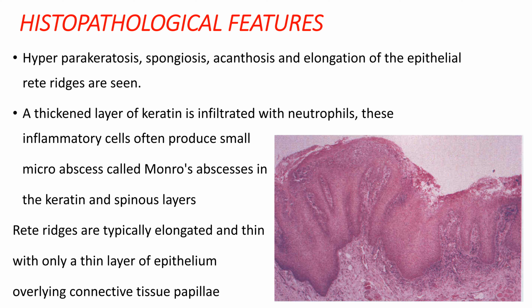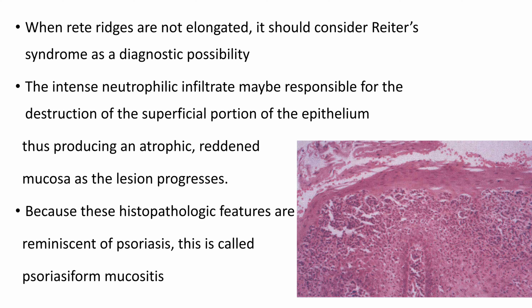Rete ridges are typically elongated and thin, with only a thin layer of epithelium overlying the connective tissue papillae. These are the rete ridges which are elongated, and there is an abnormal thickening of the spinous layer, that is acanthosis, and an increase in the parakeratin layer in the surface epithelium, that is hyperparakeratosis. In the last picture you will see elongated rete ridges.